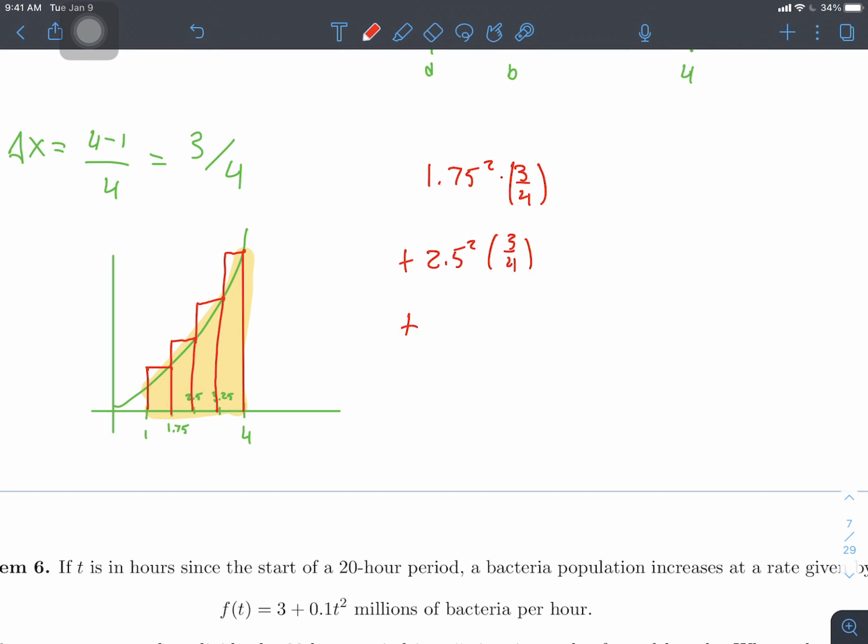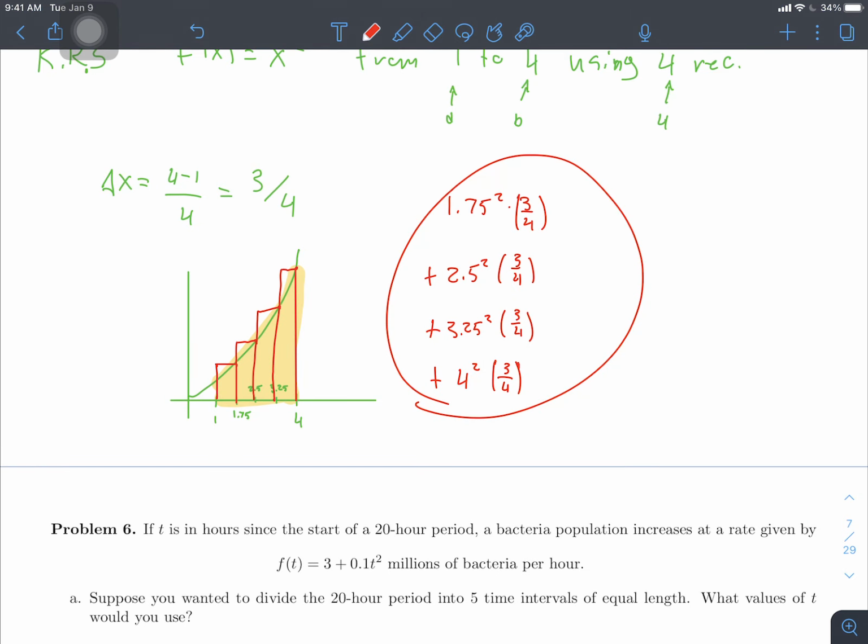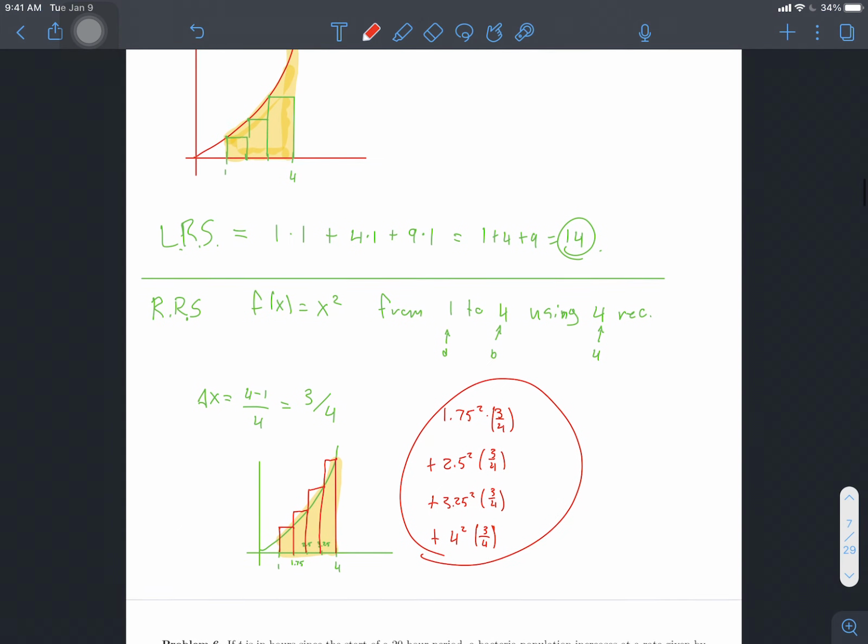The third one has height 3.25 squared and width 3/4, and the very last one has height 4 squared and width 3/4. Okay, so we add all those up and you get a number. But I just wanted to give you a quick example of the difference between a left and a right Riemann sum. We're going to do lots more practice with this.